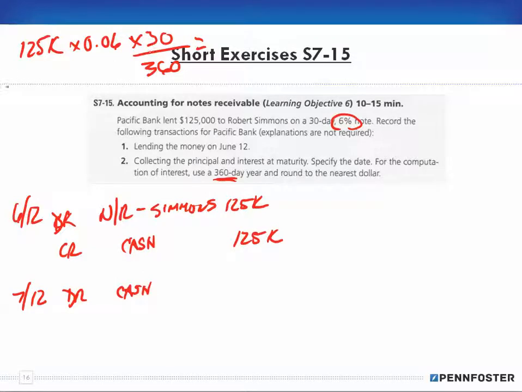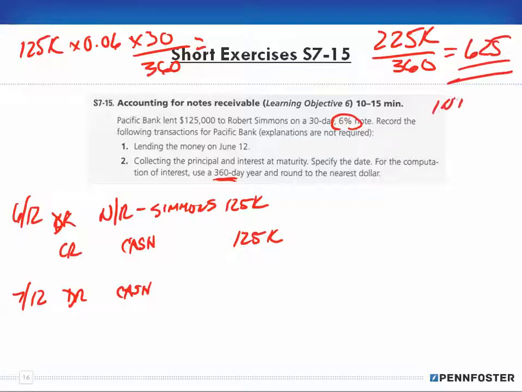So if you need more help with this calculation, go back and watch short exercise 7-14. We actually did four exercises with this exact same calculation. So if I take 125,000 times 0.06 times 30, I get 225,000, and that's divided by the 360 days, which gives me my interest of $625. Okay, so that's my interest.